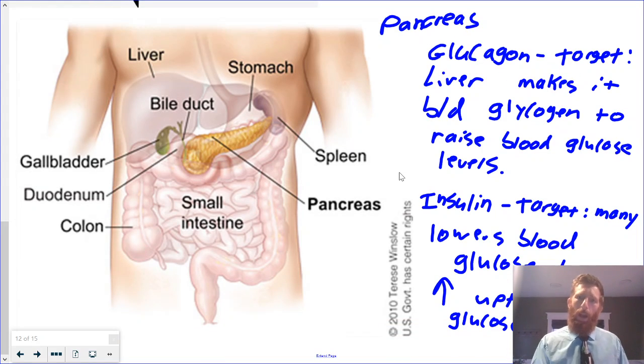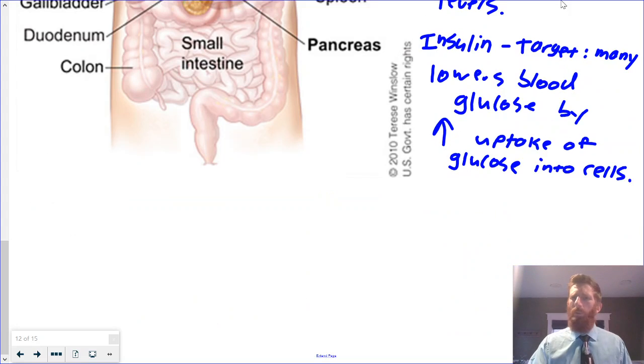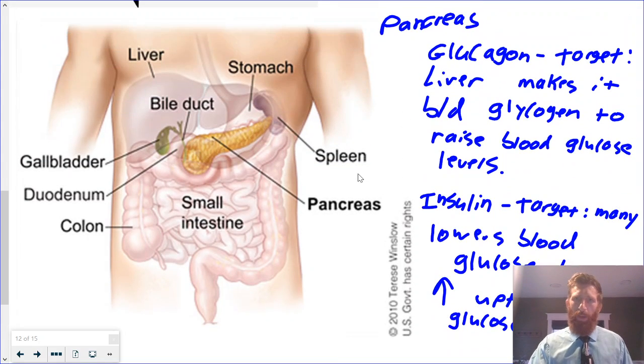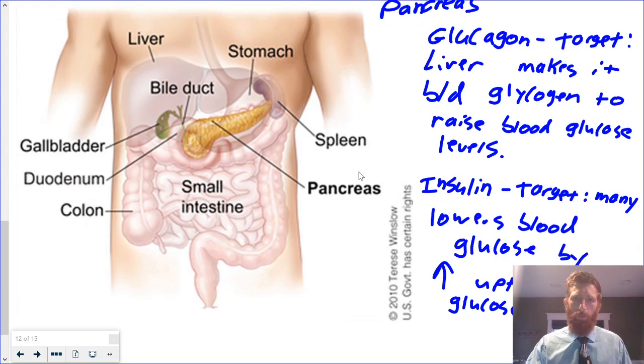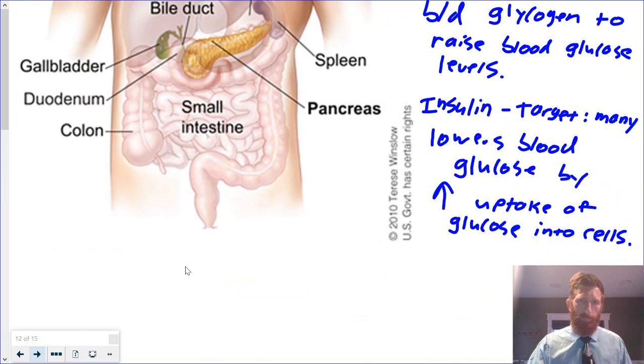And then oppositely, if our blood glucose is too high, the pancreas will release insulin, which targets many tissues and lowers the blood glucose levels by increasing the uptake of glucose in the cells. So if we have too much glucose in our blood, our cells take that in, and it lowers the blood glucose level because then it gets stored in our cells. Those are the only two pancreas hormones that we're going to talk about: glucagon and insulin.